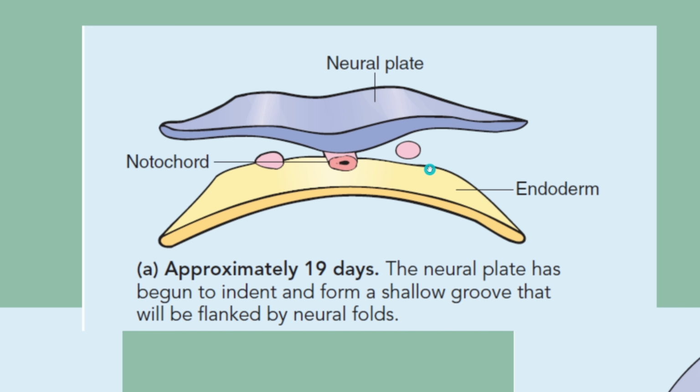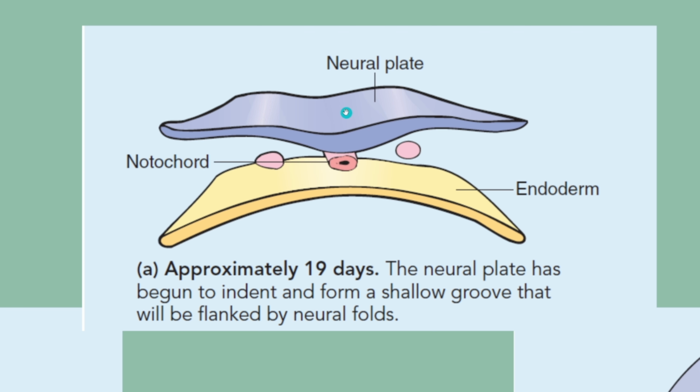So notochord will cause the overlying ectoderm to become thicker and differentiate to form the precursor of the central nervous system, the neural plate. So notochord plays the role in the formation of the neural plate.